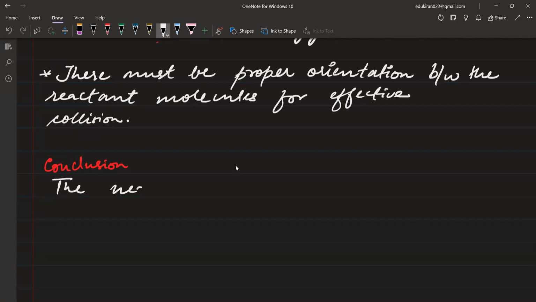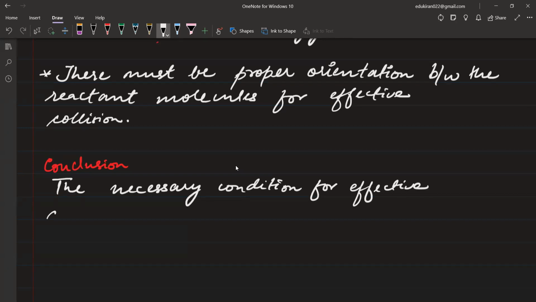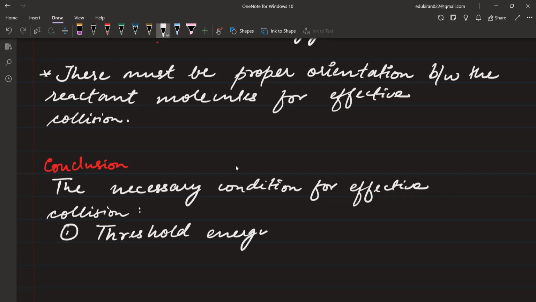The necessary condition for effective collision is number 1, threshold energy. Second, proper orientation.